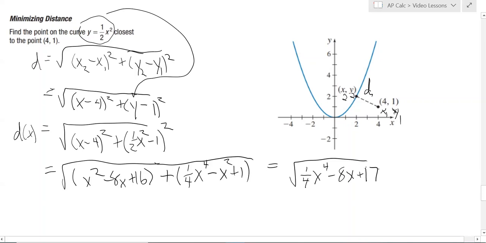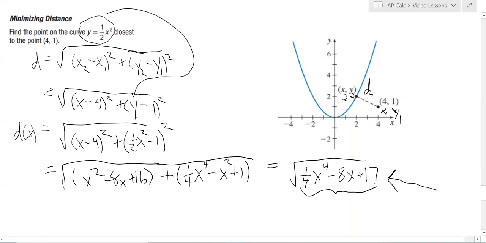Now the domain is the set of all real numbers because this quantity right here is always greater than or equal to 0 for all x. Now, since the square root function is increasing for all real x, you only have to minimize the quantity inside here.